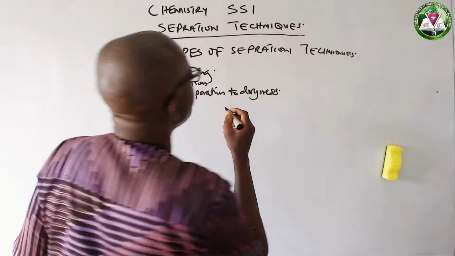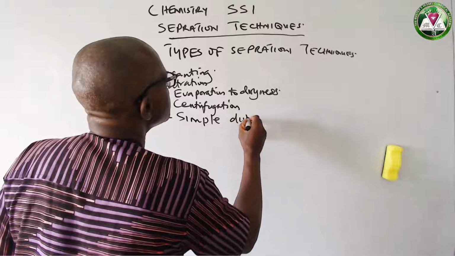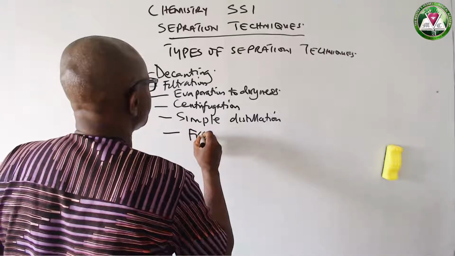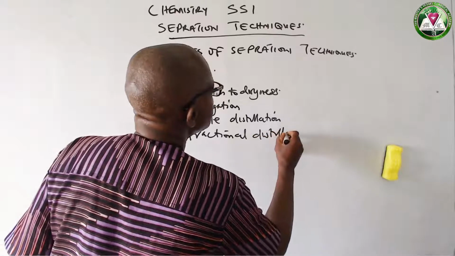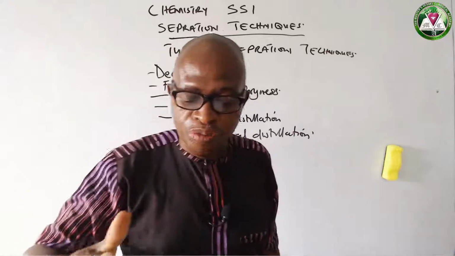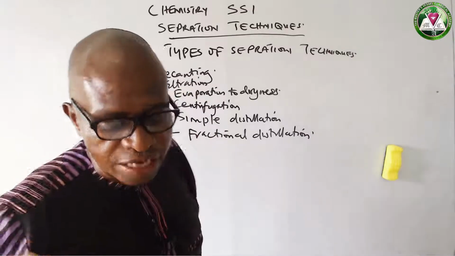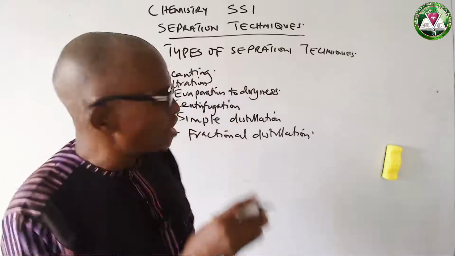We have 5, simple distillation. We have 6, fractional distillation. There are so many other methods, but these are the ones we may mention today. Therefore, when we come to the second lesson, we can mention some other ones. But let's look at decanting.